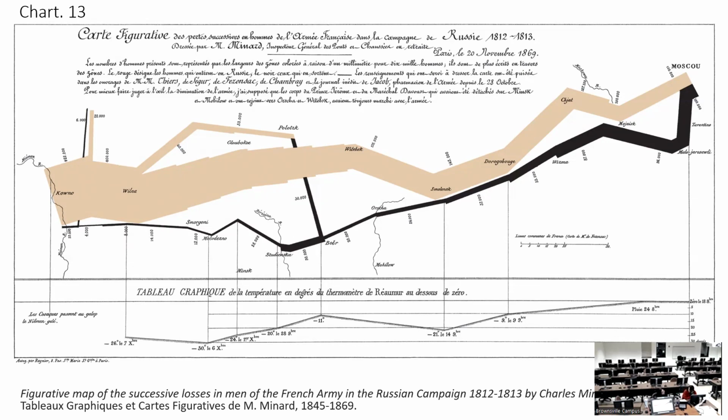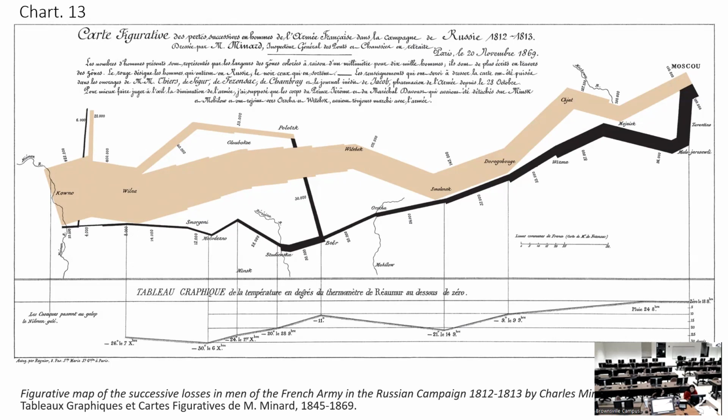This graph shows that when Napoleon started his campaign with his army from Lithuania, he started with 422,000 soldiers. The light color represents the number of troops, and it started shrinking as they went through the cities on the way.